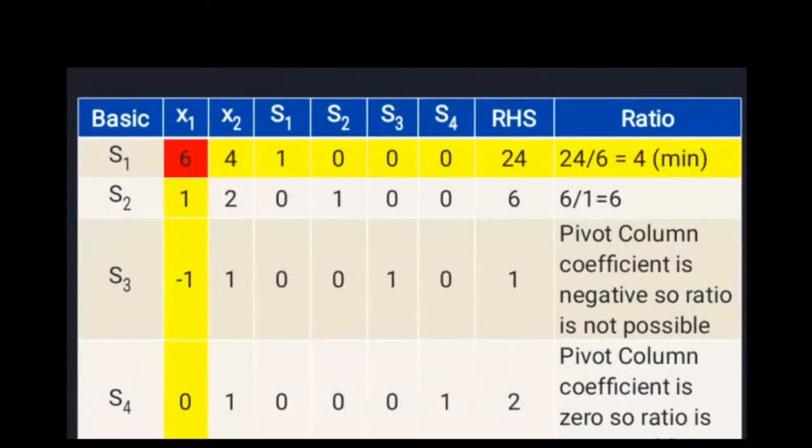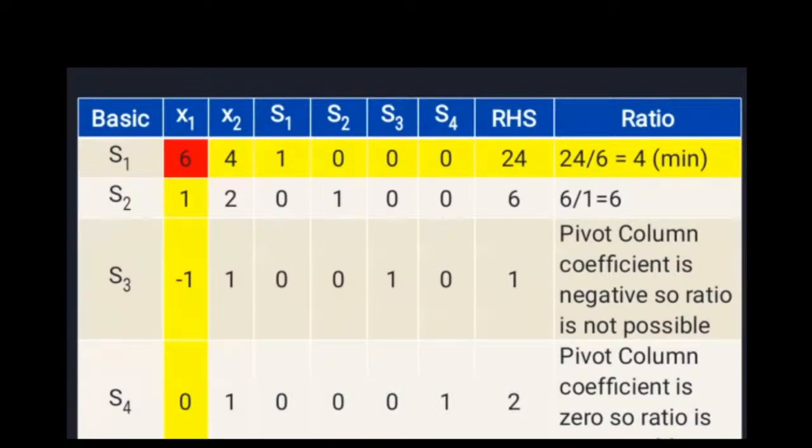We have to make an initial table for the coefficient of each variable. The initial table consists of basic variables, and basic variables are s1, s2, s3, s4 and objective function f.